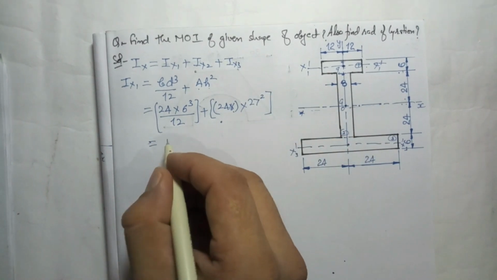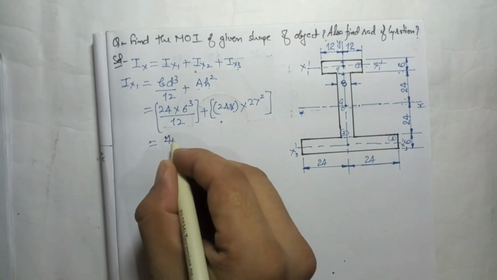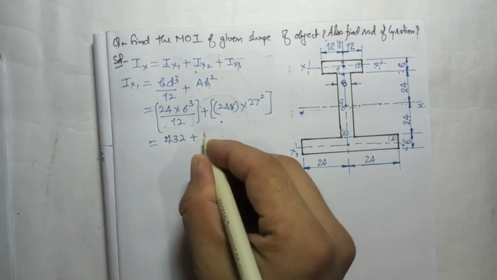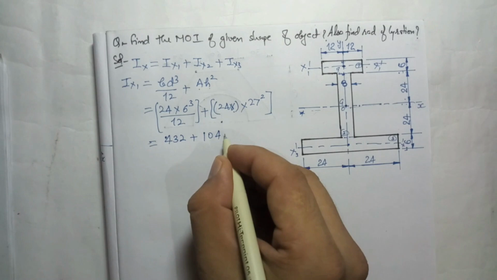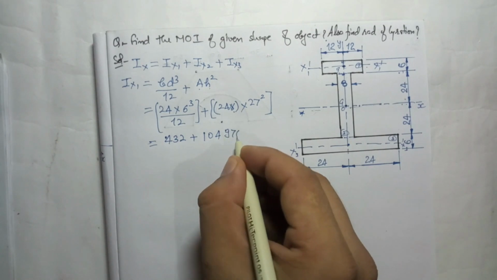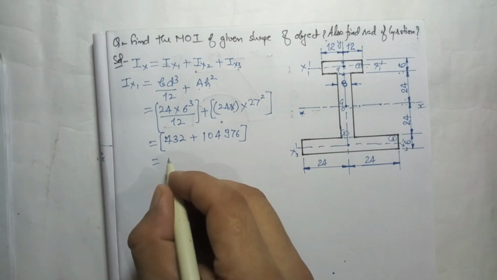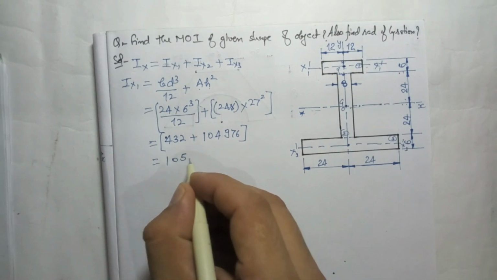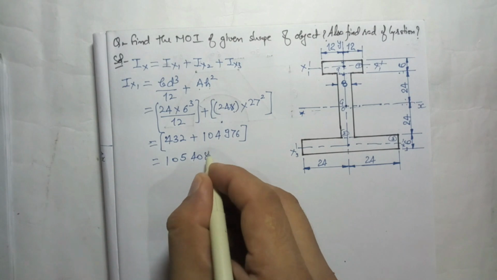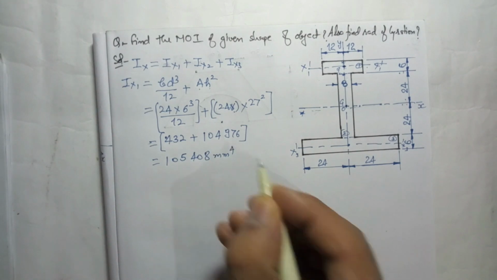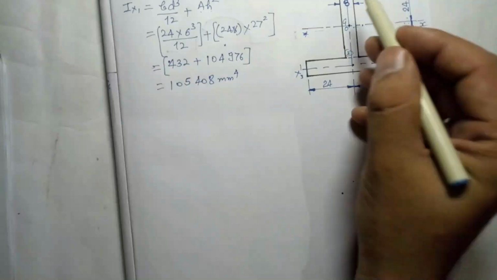When we calculate this, it comes to 432 plus 104976, and when we sort out, we get 105408 mm to the power 4. So this is for one area only.